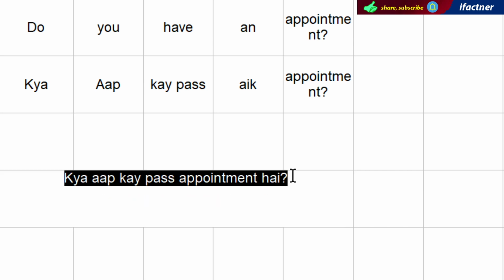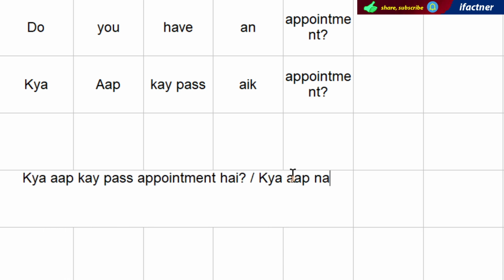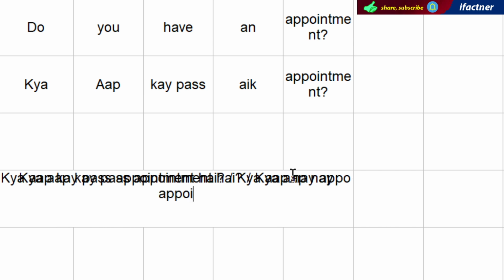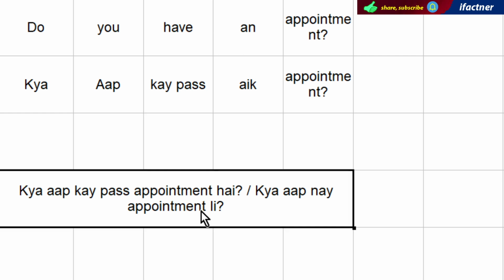Or we can translate it as did you take an appointment? क्या आपने appointment ली? Did you take an appointment? So you can say, do you have an appointment? क्या आपके पास appointment है?